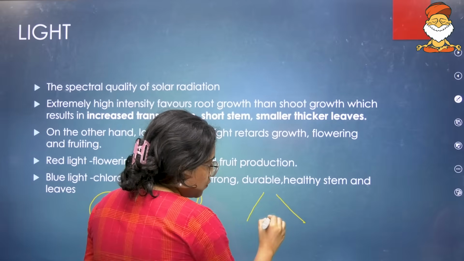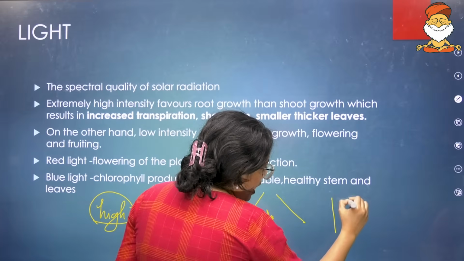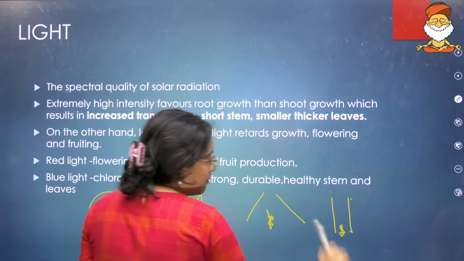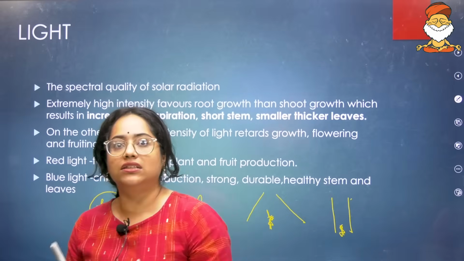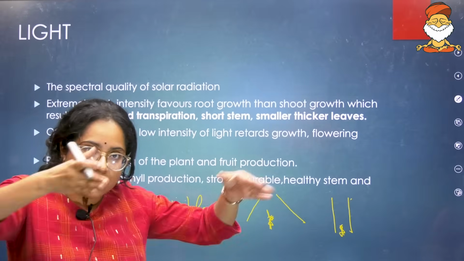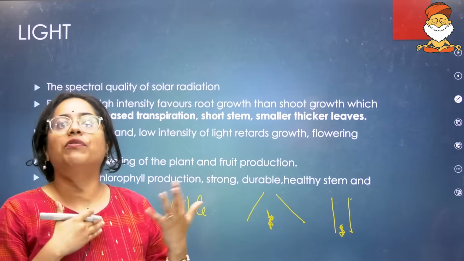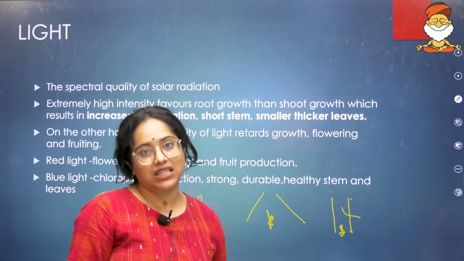You have a plant over here, and then you have light which can be focused simply on the plant. Which do you think is receiving more intensity? Intensity means the amount of light per a specific area. Which is having more intensity over here? More intensity is associated with this one.